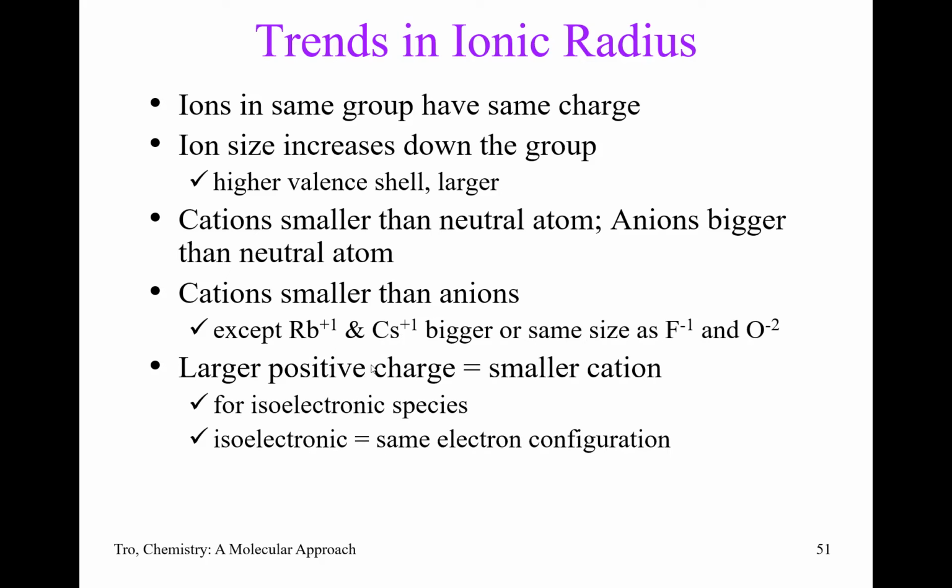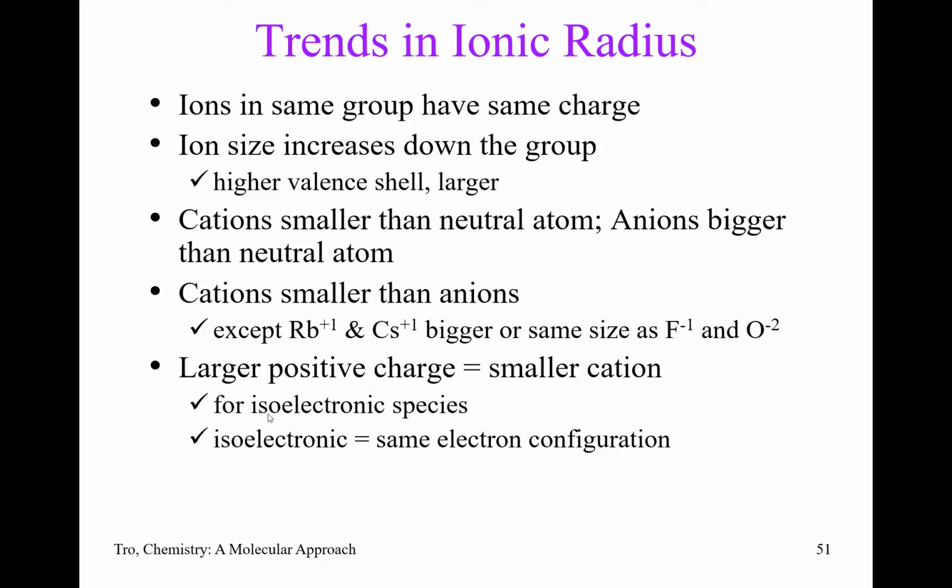All right, so the larger the positive charge, the smaller the cation. Most of our cations were +1, +2, +3. So as the charge goes up, it's going to pull the electrons closer, and it's losing more electrons from further out.